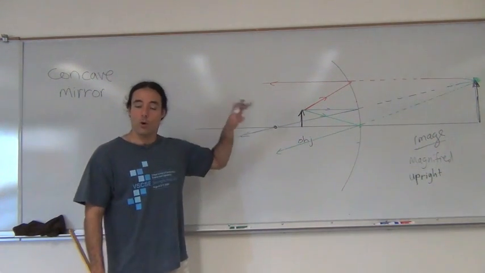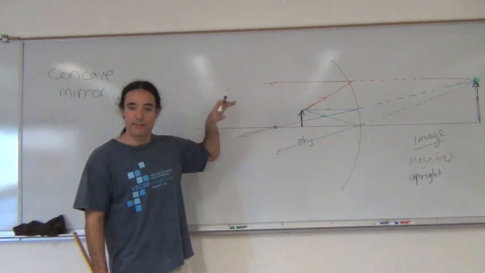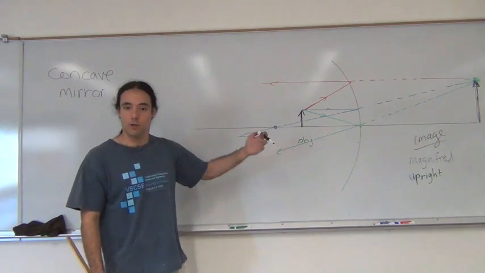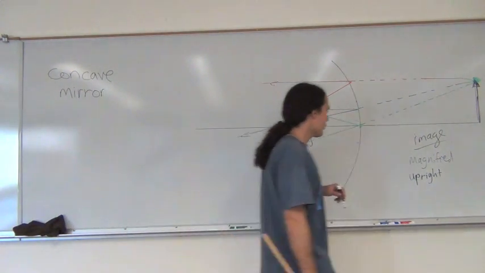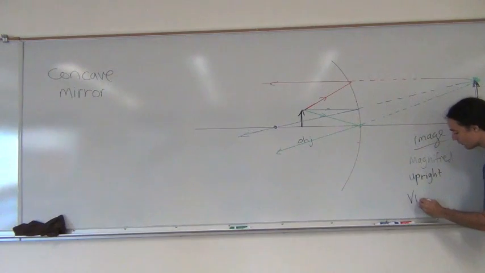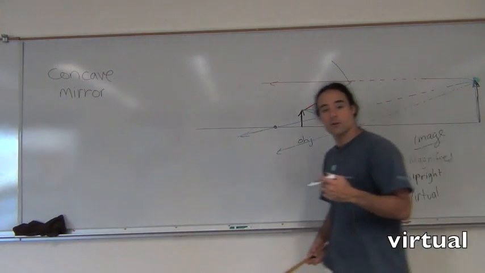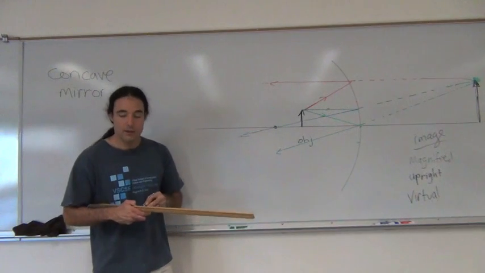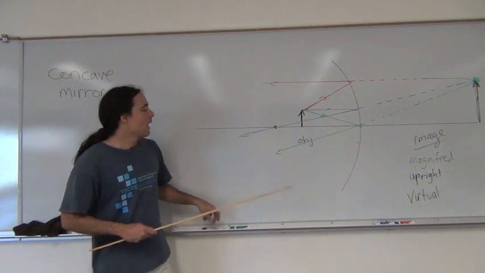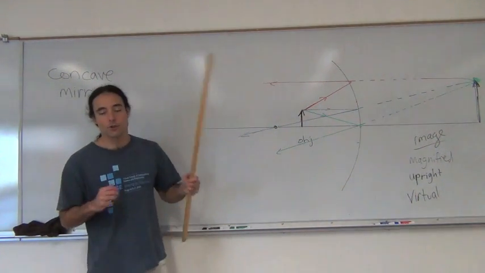So I can't actually hold up a screen and project that image onto the screen. I can't use it like a movie projector. So we would say that this would really just be a virtual image. It's not a real image that I can hold a screen up to and then get the image of a picture. It's only going to be a virtual image.